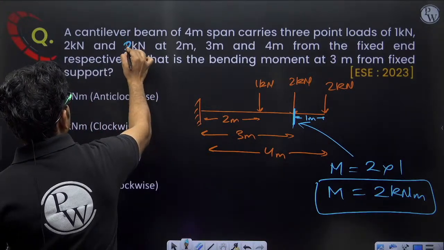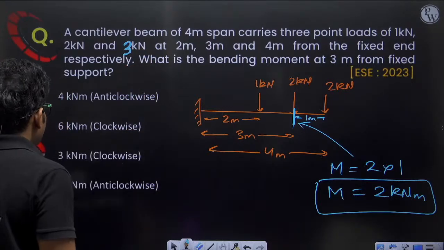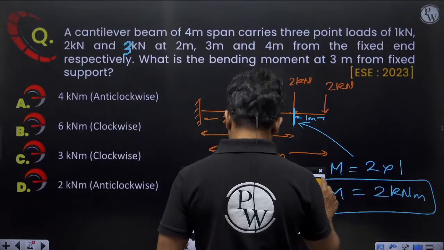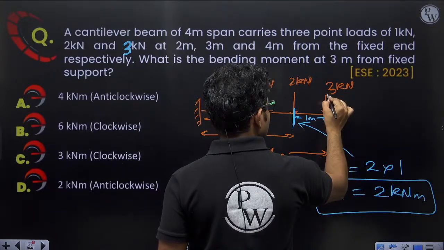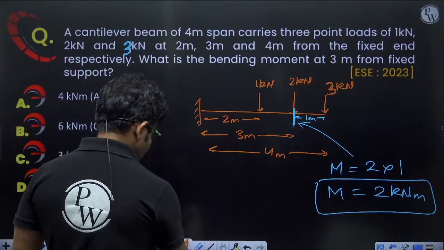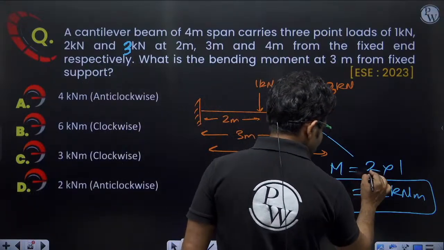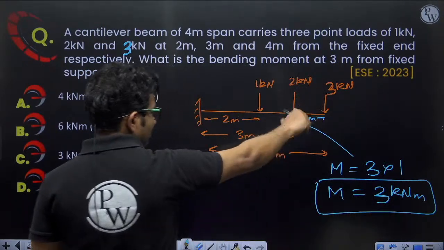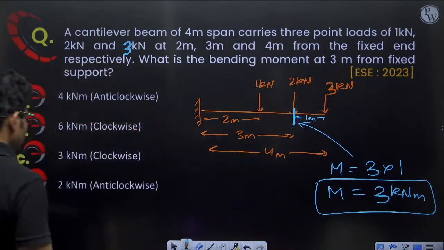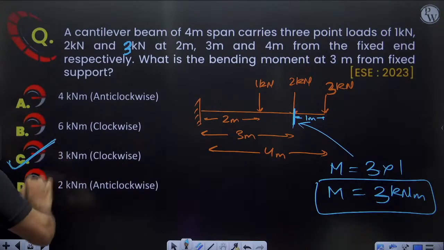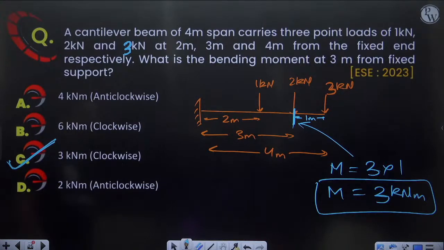So this is 3 kilonewton. Okay, this will be 3 kilonewton. So 3 into 1, the correct answer will be 3 kilonewton meter, and it is in clockwise direction. So 3 kilonewton meter clockwise. Correct answer will be option C.